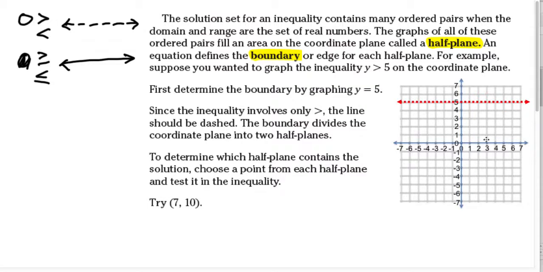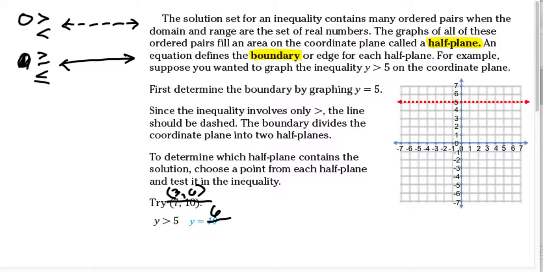Okay, so let's try 7 and 10. Oh, it won't work. Let's just try 3 and 6. Instead of 7 and 10, we'll try 3 and 6 because our graph is not big enough to handle 7 and 10. So if you try 3 and 6, we have the inequality y is greater than 5, and we let y be equal to 6 instead of 10.